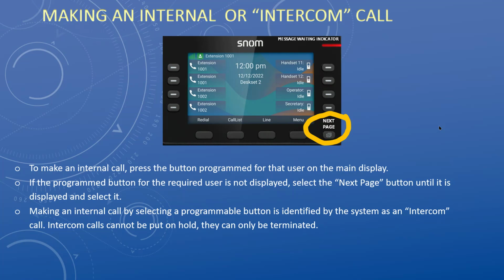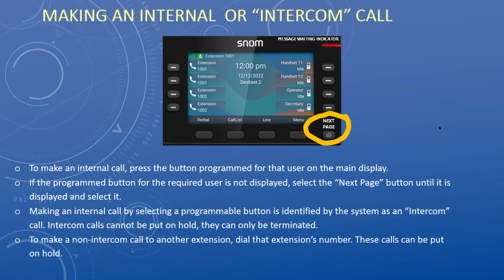Intercom calls, as I said, cannot be put on hold. They can only be terminated. To make a non-intercom call to another extension that can be put on hold, simply dial that extension's number rather than pressing one of the program buttons on the main display.